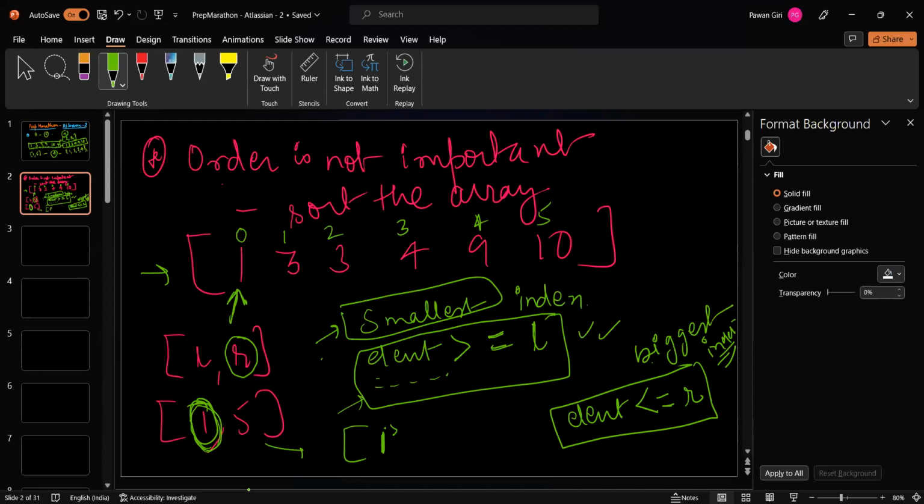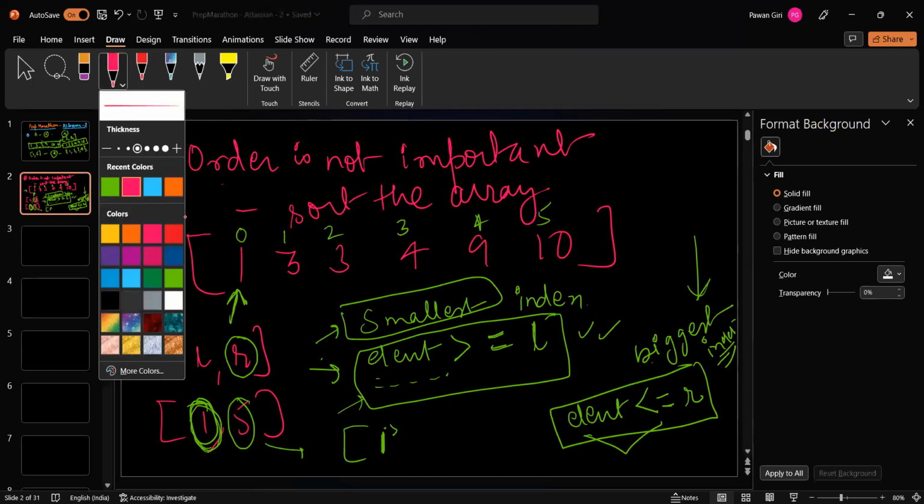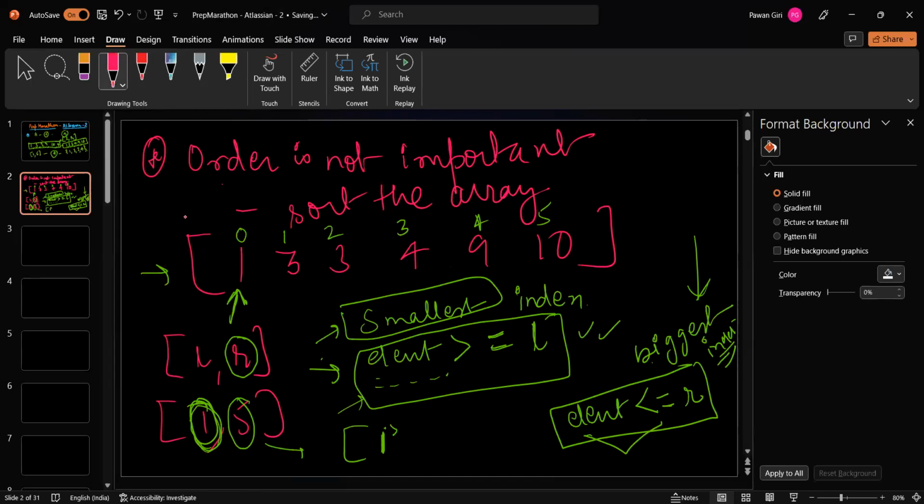One binary search will give me the smallest index which satisfies this condition: the element present at that index is greater than or equal to L. The second type of binary search is going to help me get the biggest index, where the element is less than or equal to R. In this case, my R value is 5. What is the greatest index where the element present is less than or equal to R? It is this value, and the index is 3.